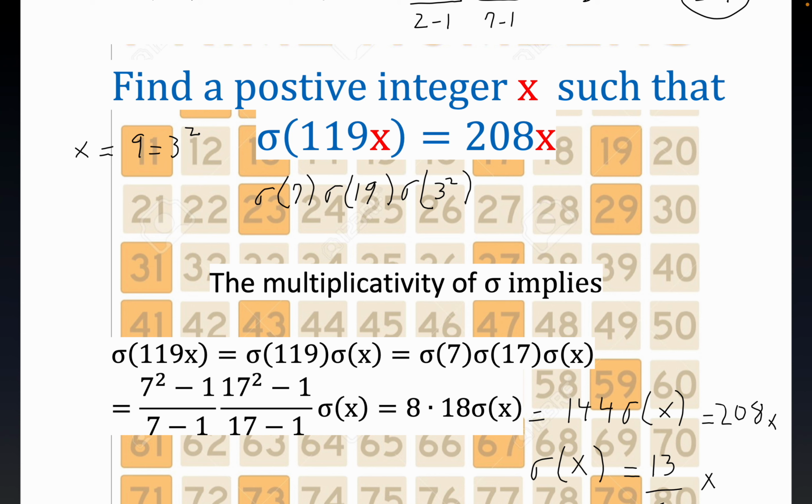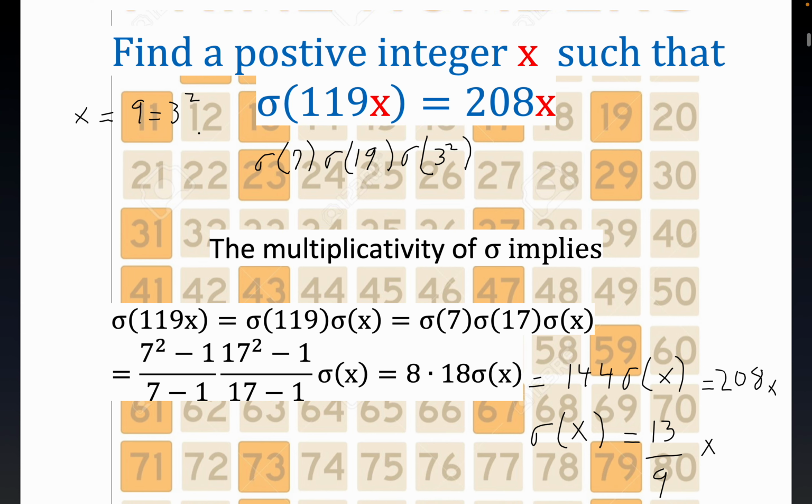Okay, so let's do our handy little formula here again. This would be equal to 7 squared minus 1 over, I'll just write 6 this time, so that's 7 minus 1. What do we have right here? 19 squared. Or wait, that's supposed to be 17, I'm sorry. 17 right here. 7 times 17 is 119.